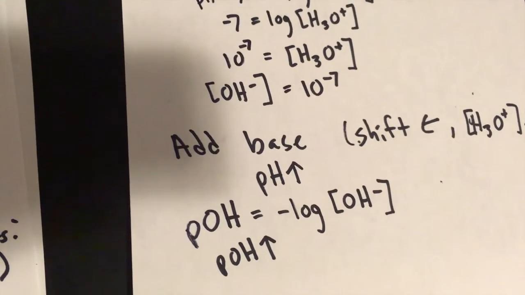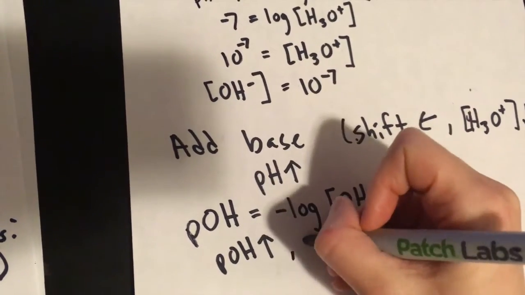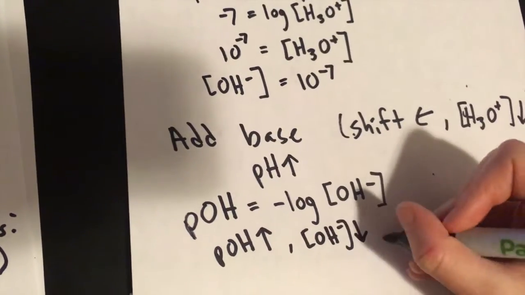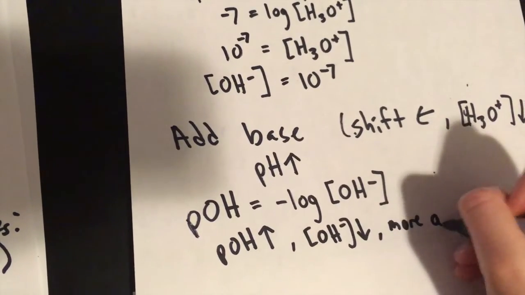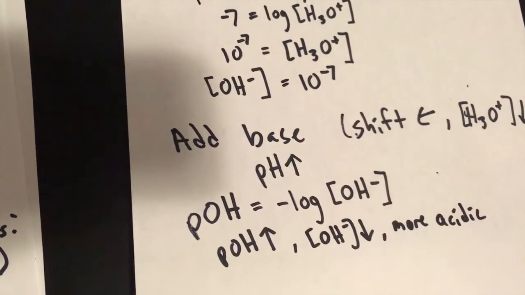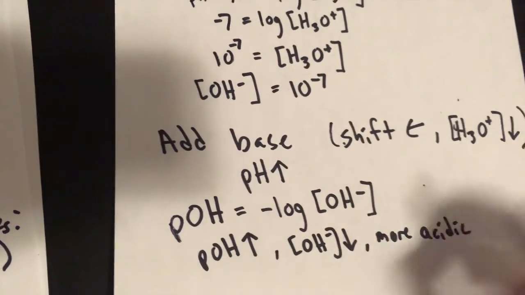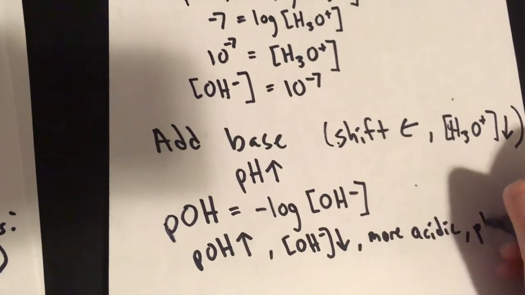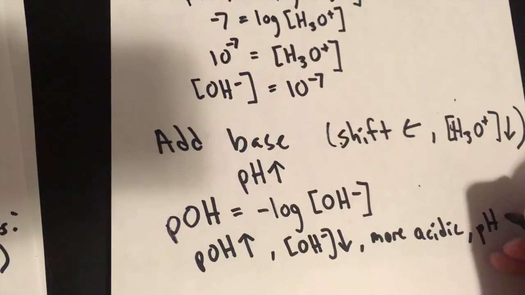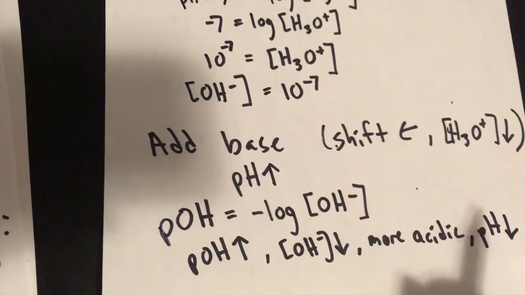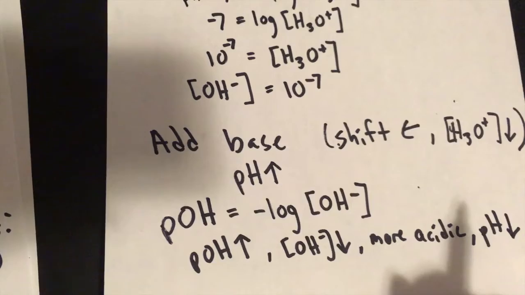So if pOH goes up, that means the concentration of OH- is going down, which means our solution is becoming more acidic, right? We're having less base and it's more acidic. And so if it's more acidic, the pH would also decrease. So pOH and pH have an inverse relationship.